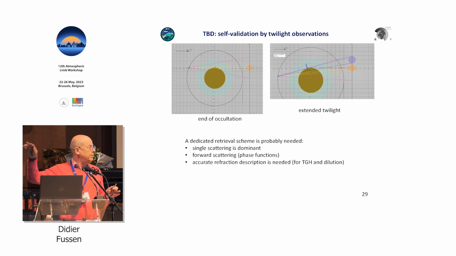The sun will be beyond the horizon, and we will be able to sound the same air volume with two different techniques: occultation with self-calibration and LIMP scattering, and of course intercompare the results. Probably we will have to develop a dedicated algorithm for that, because single scattering is dominant. Forward scattering of the phase function is critical, and ray tracing should be very accurate.